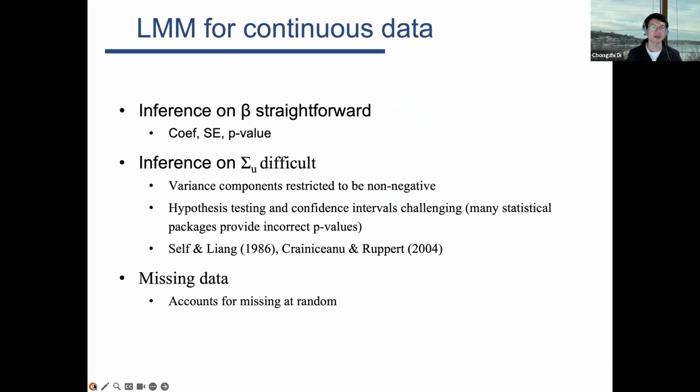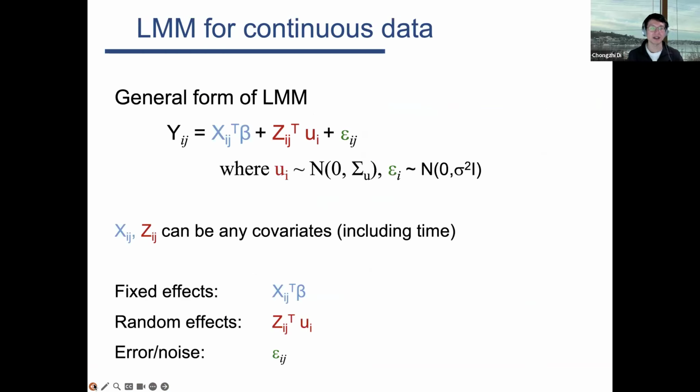Okay, let's go back to the linear mixed effects model. This is a general version of the linear mixed effects model, where the fixed effects and the random effects are both flexible, depending on what your interests are.